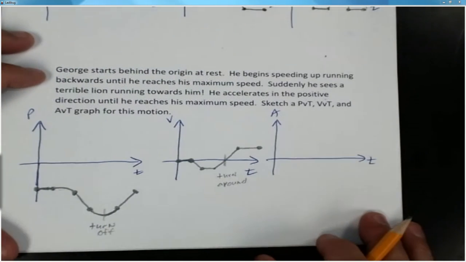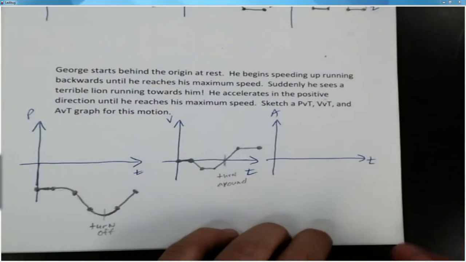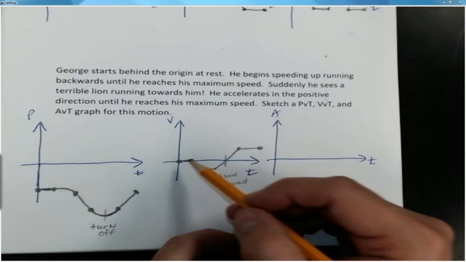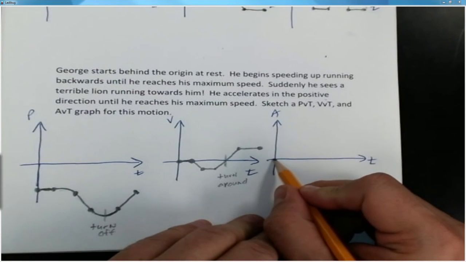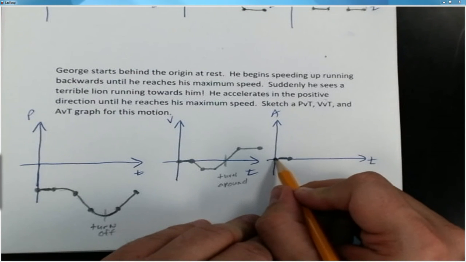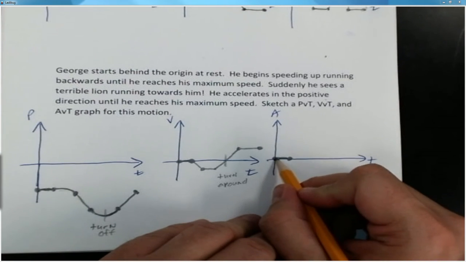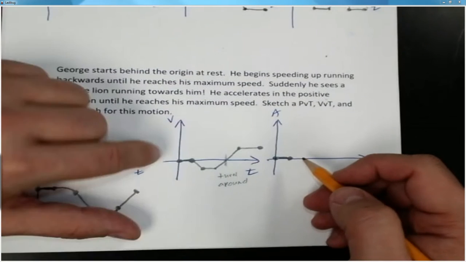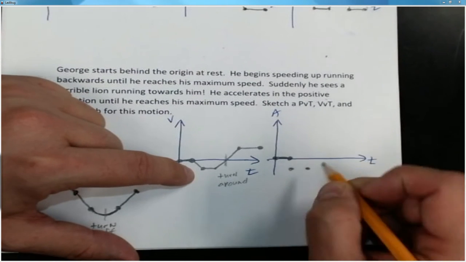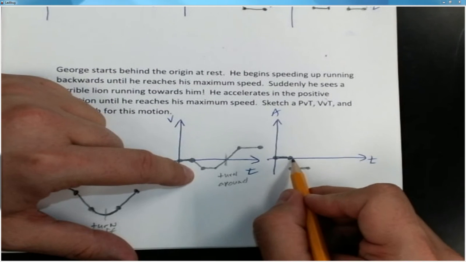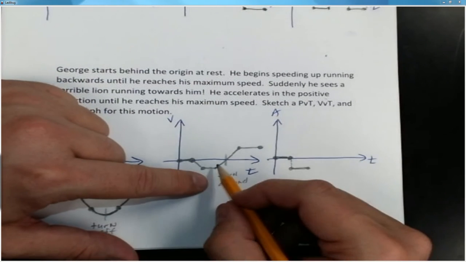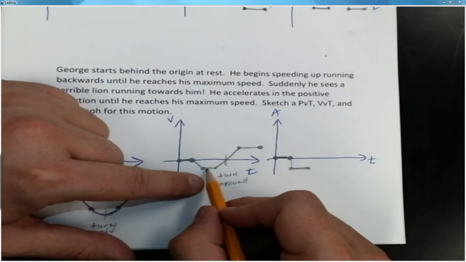All right, so let's do this now. Acceleration is the slope of this one, and this has no slope, so that first section, there's no acceleration. And here, your slope is negative, so you have a negative acceleration. And then you have a positive, oh, sorry, it's 0 here.